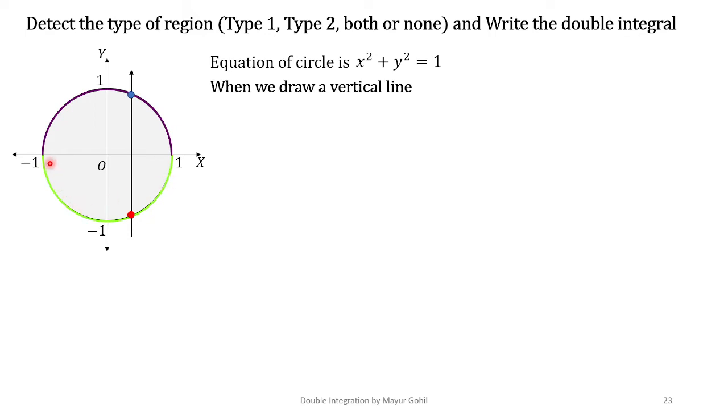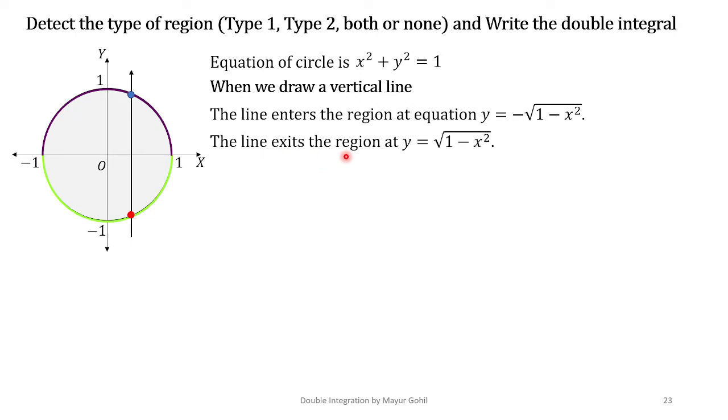We already know that the limit for the entry point, which is on the green semicircle, is going to be y equals minus square root of 1 minus x square. That is the equation of the lower semicircle. So the line enters the region at y equals minus square root of 1 minus x square, and it is exiting the region at y equals positive square root of 1 minus x square.